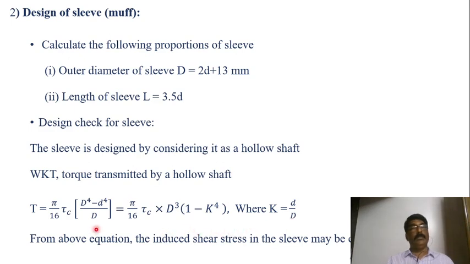So by using this first equation, we can get the value of tau c, that is the induced shear stress for the muff material. And if its value is lesser than the permissible value, then the design of the muff is safe.